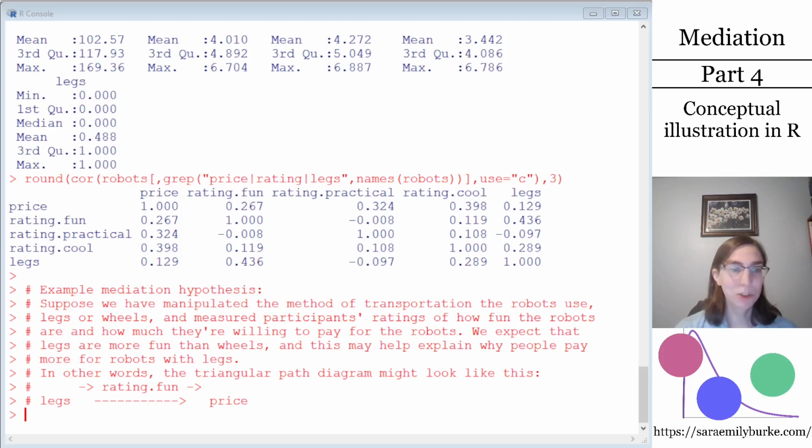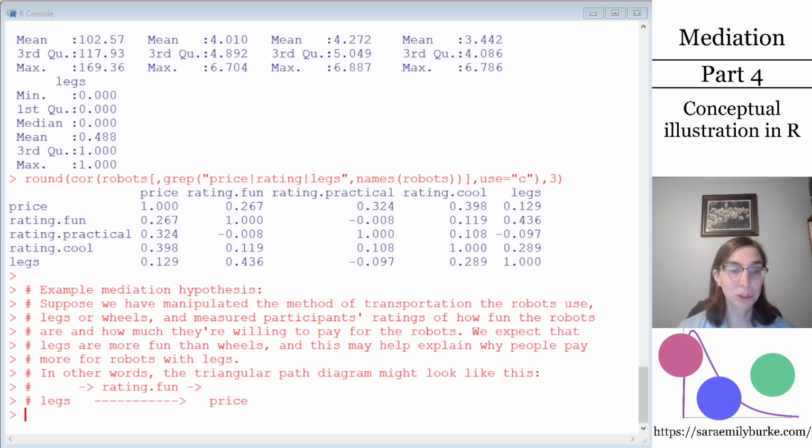The example mediation hypothesis that I want to work with today involves using rating.fun as a mediator of the relationship between legs and price. So for this example, let's suppose that we have manipulated the method of transportation that the robots use, legs or wheels.